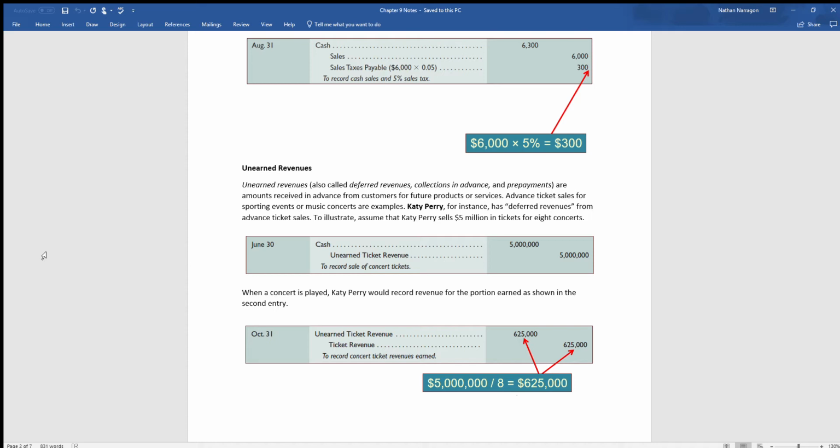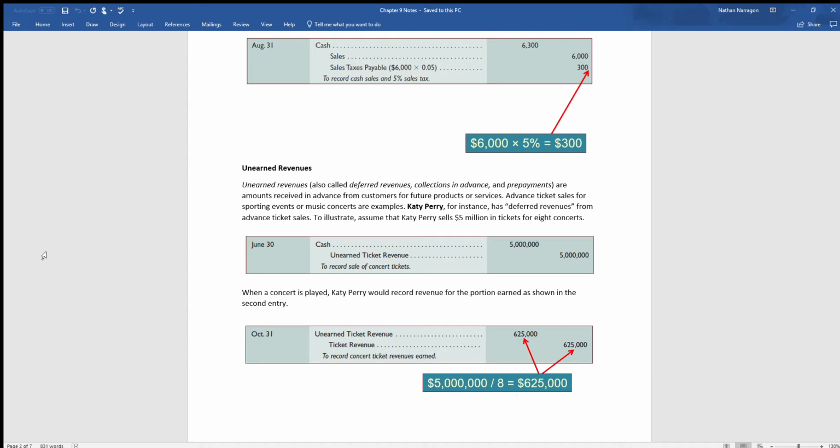Well, let's say we're going to use the example Katy Perry. Now, Katy Perry has deferred revenues from advanced ticket sales because they decided to start issuing tickets a little bit in advance, and this happens a lot with musical performers.